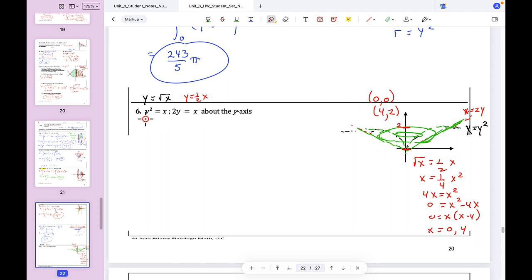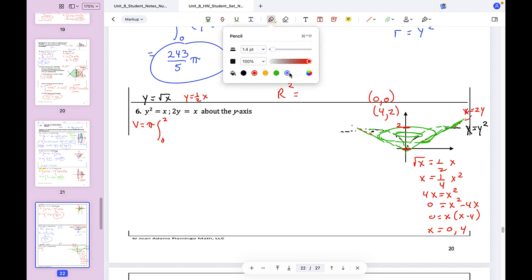Okay, so our volume is equal to pi times the integral from 0 to 2. And we're looking at big R squared. Big R is going all the way out here, and that line is this line right here, which is 2y.